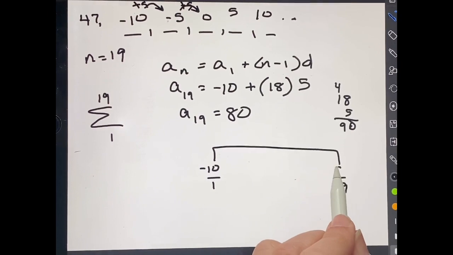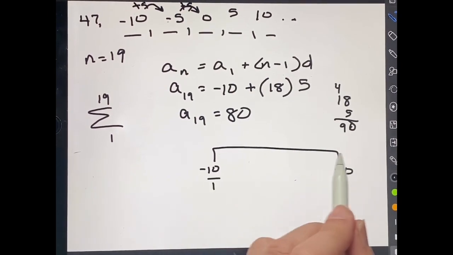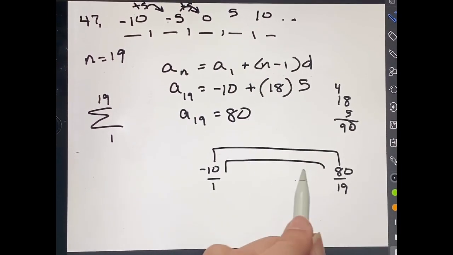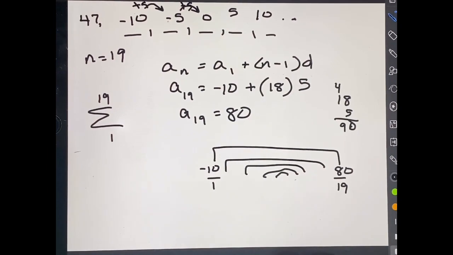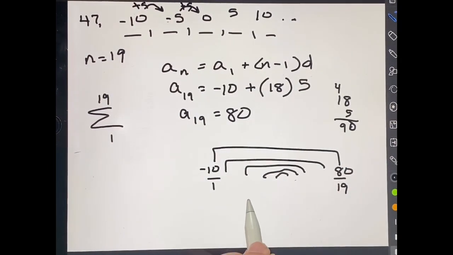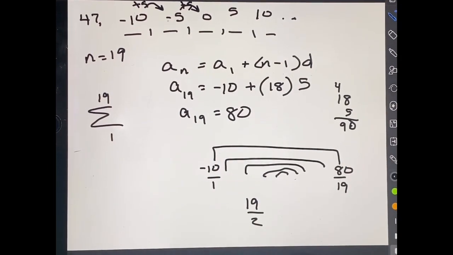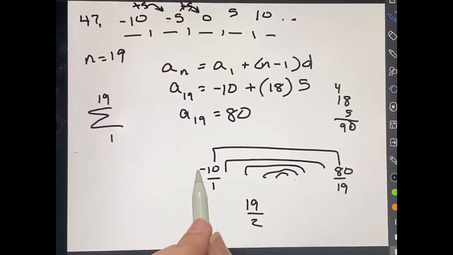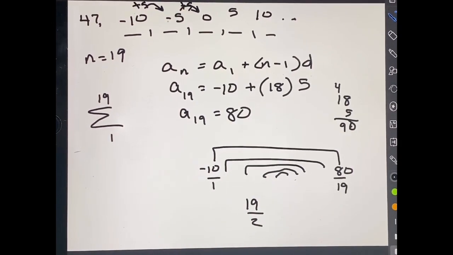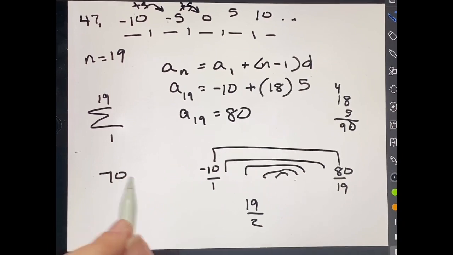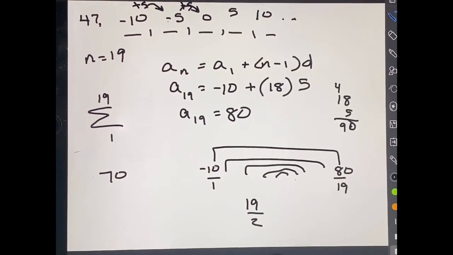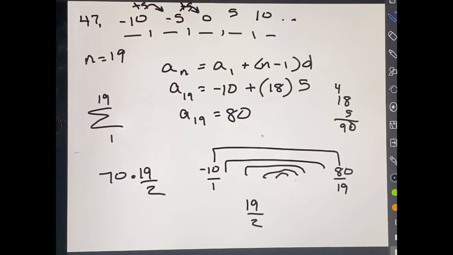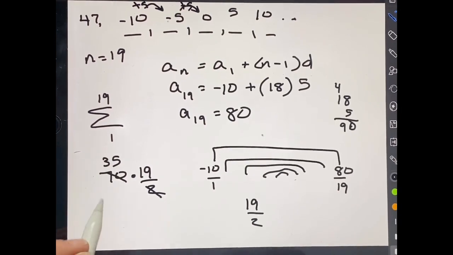Our 19th term is 80. When we add these up, everything in the middle is going to pair up to be the exact same amount. And the number of pairs that I have is going to be 19 divided by 2. So 80 plus -10 is going to get me 70. So everything in the middle is going to pair up to be 70, and I'm going to have half of 19 of that. So 2 goes into 70 35 times.